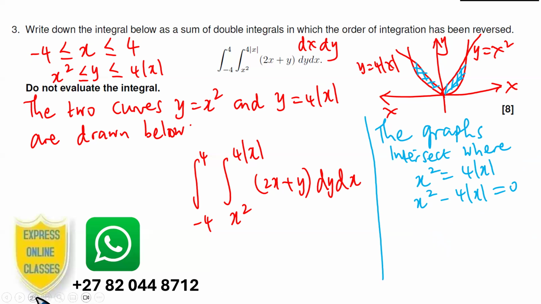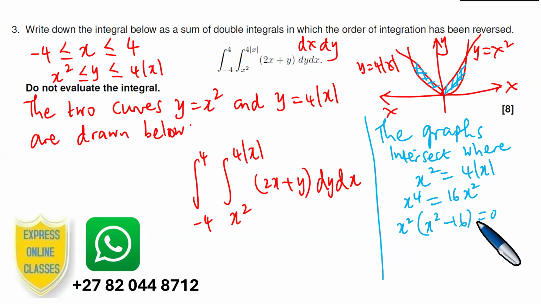Or we can simplify by squaring both sides, getting x to the 4th power equals 16x squared. Take out x squared as a common factor, getting x squared minus 16 equals 0. This means that x is 0, or x equals plus or minus 4.